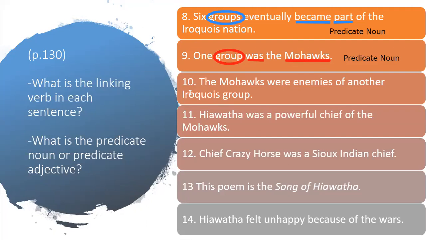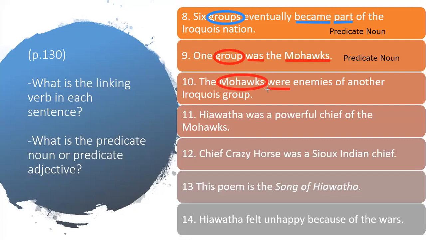So let's go to number 10. The Mohawks were enemies of another Iroquois group. We do the same thing, guys. This is so repetitive, right? We identify the linking verb. We also identify the subject, because anytime we're working with linking verbs, we know that we have to keep our eyes on the subject.